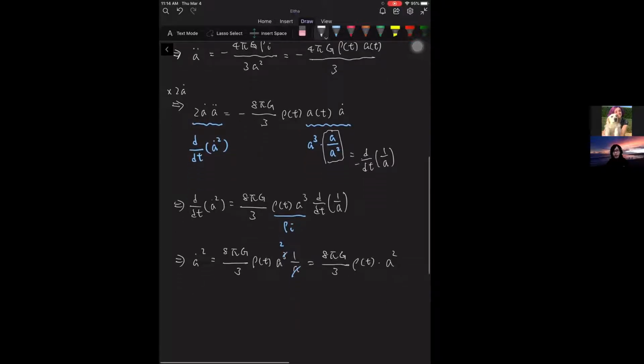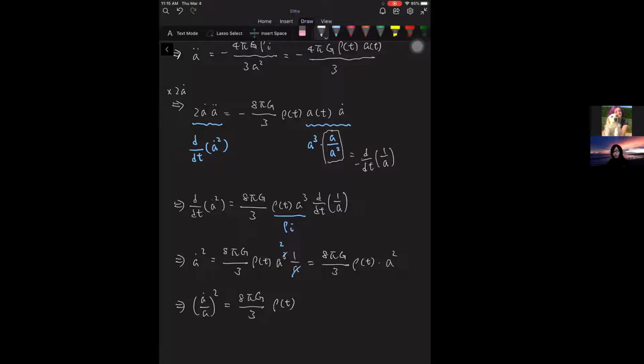So this would lead us to the Friedmann equation, which is a dot over a squared equals 8 pi G over 3 times rho of t.